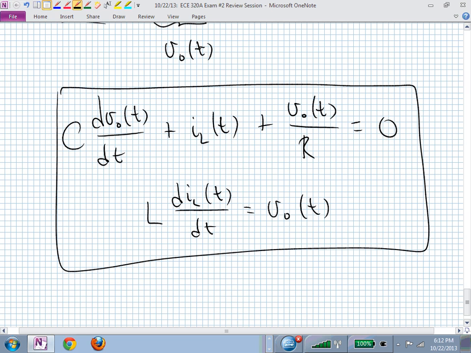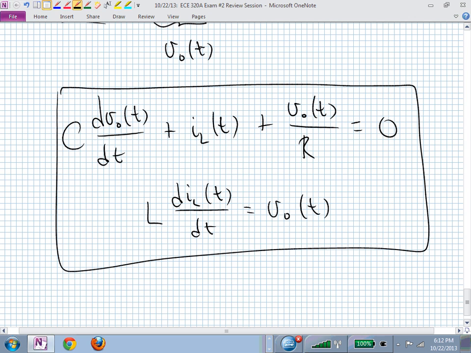So that would give you a second order, because now you would want to differentiate V naught of t to replace that dV naught of t dt, and that will give you an L d I sub L twice. So you'll get a second order plus the I sub L, and then you'll have an L di dt there.